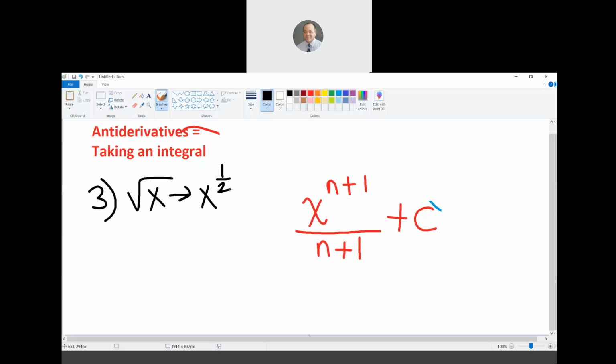We'll add 1 to the original exponent, and we'll divide by our new exponent, 1/2 plus 1. Well, 1/2 plus 1 is 3/2. So we have x to the 3/2 power all over 3/2.